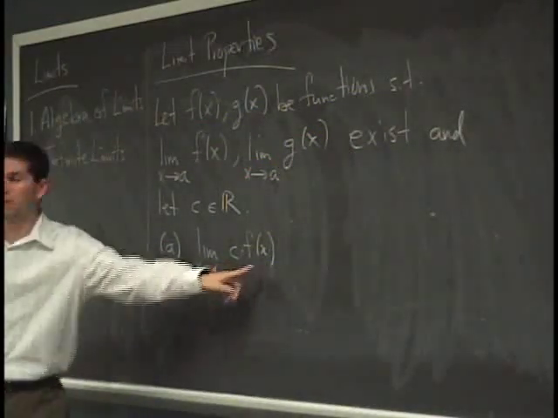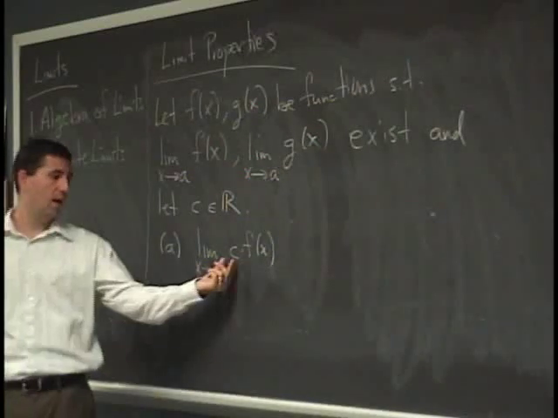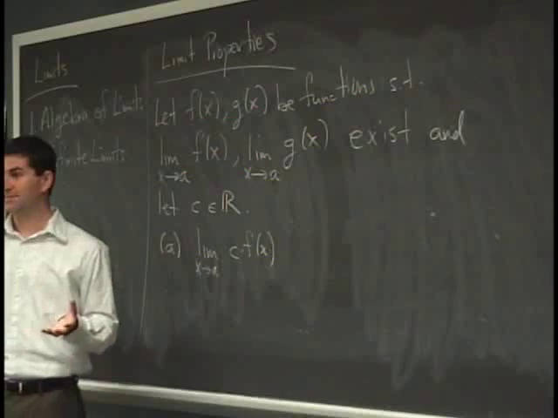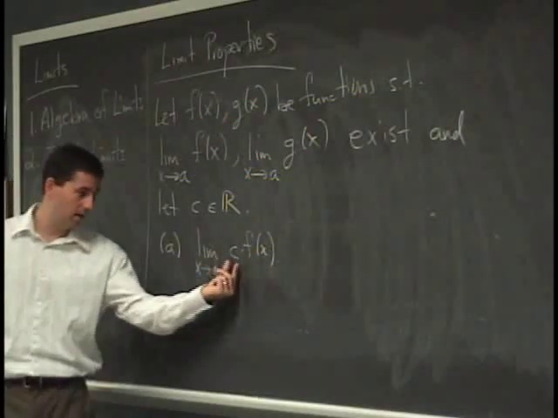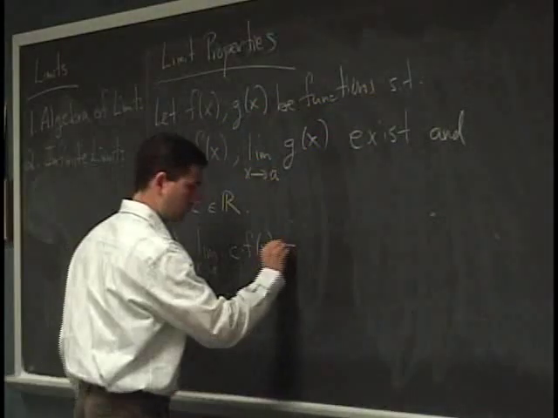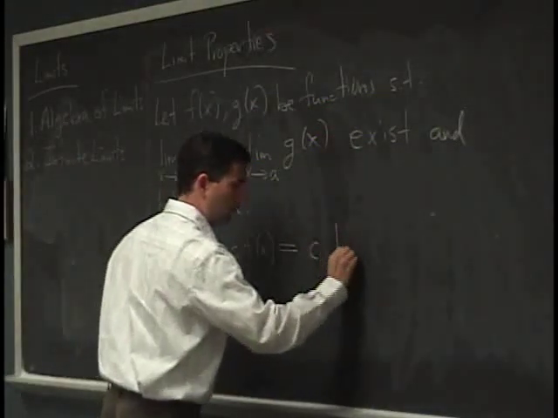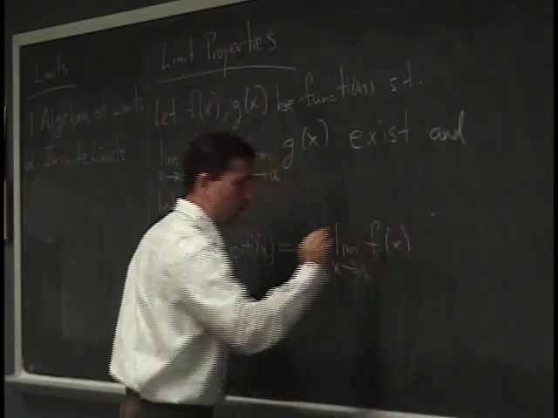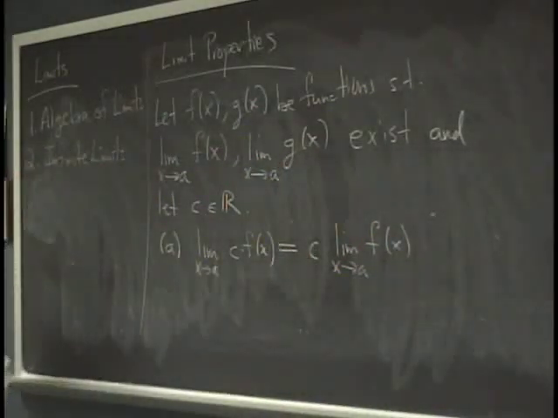What can I do with this constant? Well, what would you like to be able to do with it? You'd like to be able to put it in front of the limit. And it turns out that's what happens. So constants you don't have to worry about with limits.